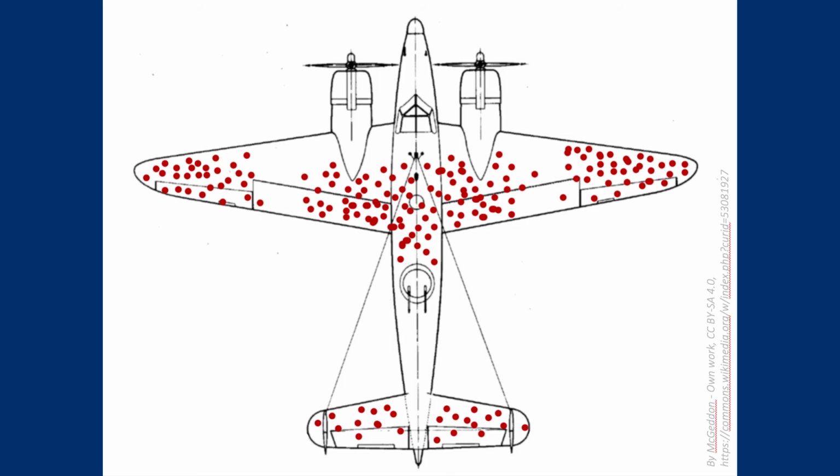However, Wald noted that the plot was based only on aircraft that had survived their mission. He felt that an opposite conclusion could be induced from the same data, namely that the areas with the bullet holes were the areas where the bomber could actually take damage, and that the areas without bullet holes should be reinforced. He felt that those were likely the areas that when hit would cause the plane to go down.